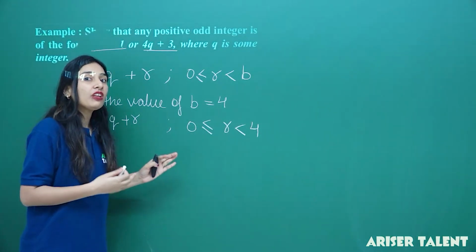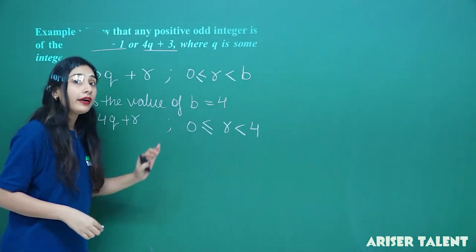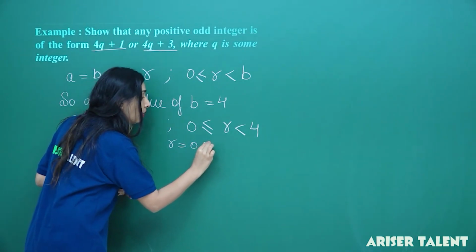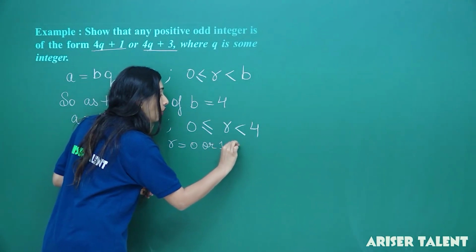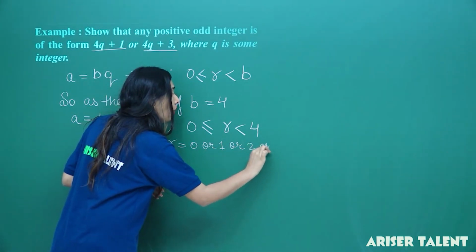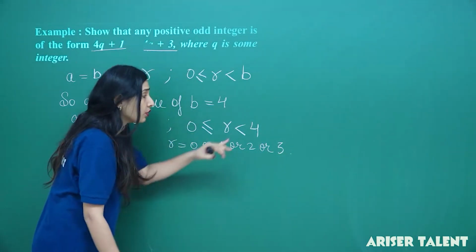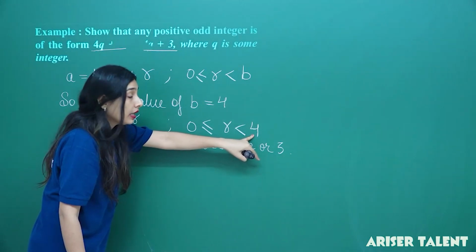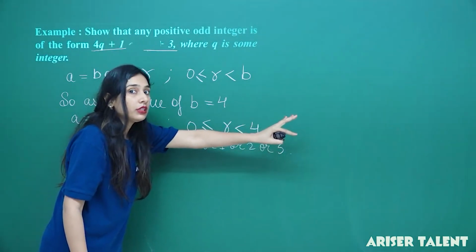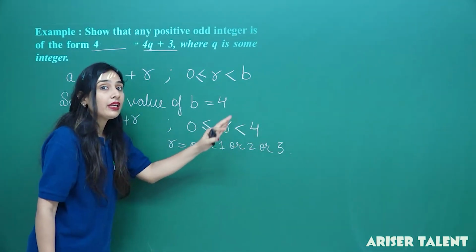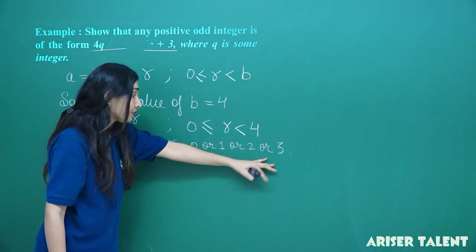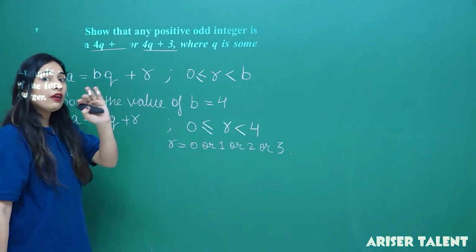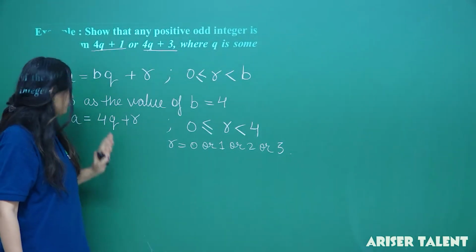So what will be the value of r? The value of r may be either 0 or 1 or 2 or 3. Now stop here, because 4 cannot be the value, or 5 or 6 or 7, that cannot be the value of r here.